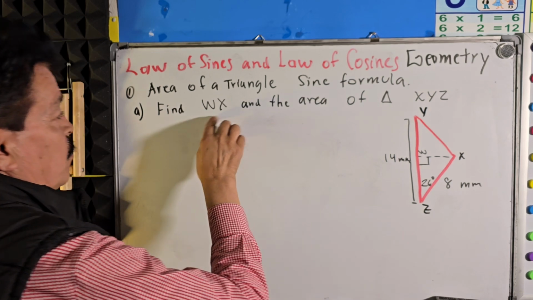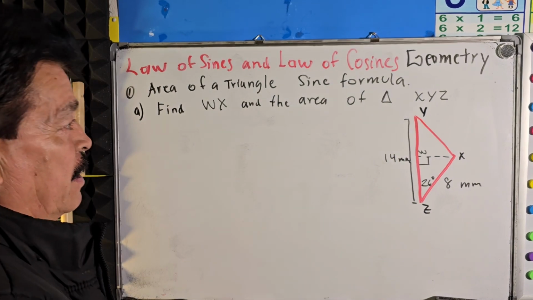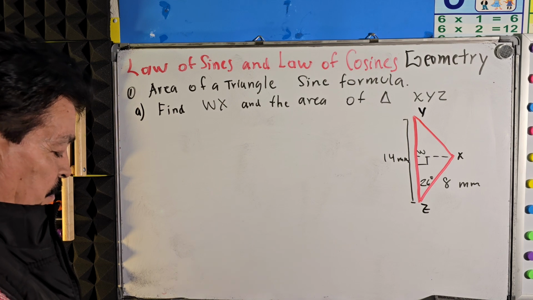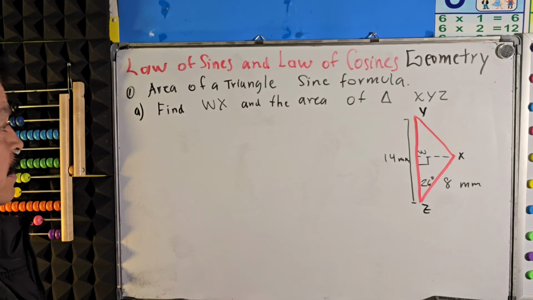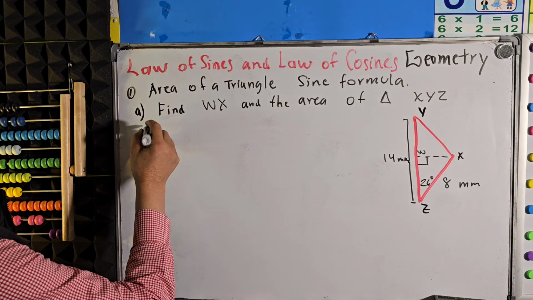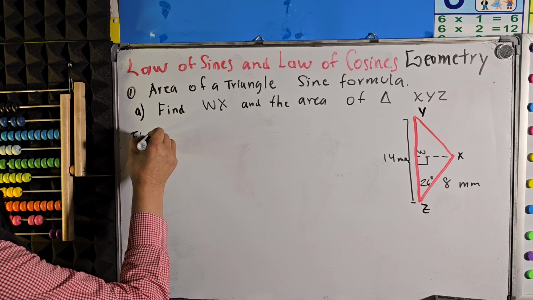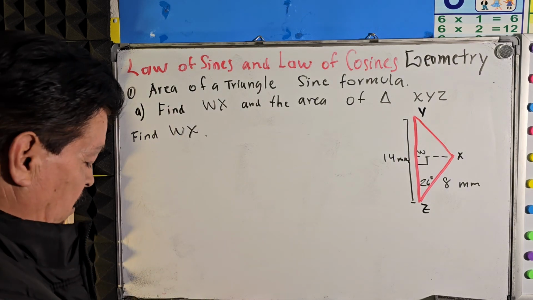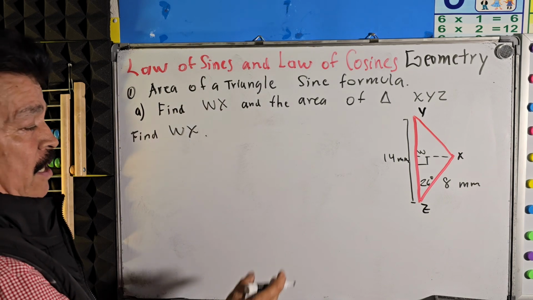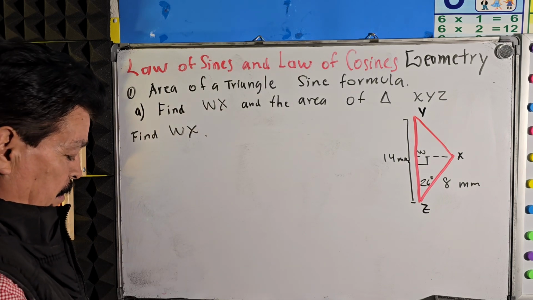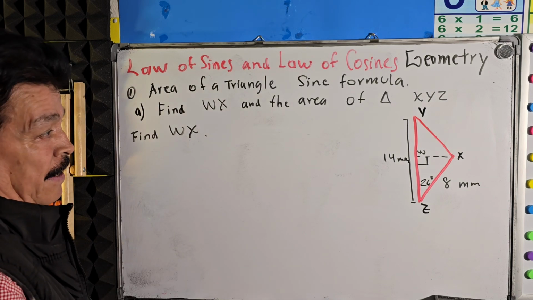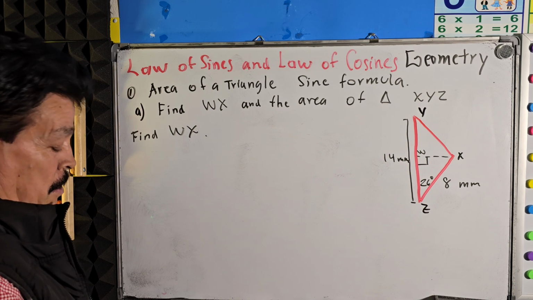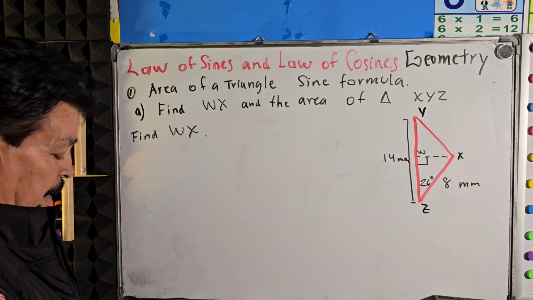Find WX and the area of XYZ. All right, so first we have to find WX. It's our first step. So this triangle WXZ.